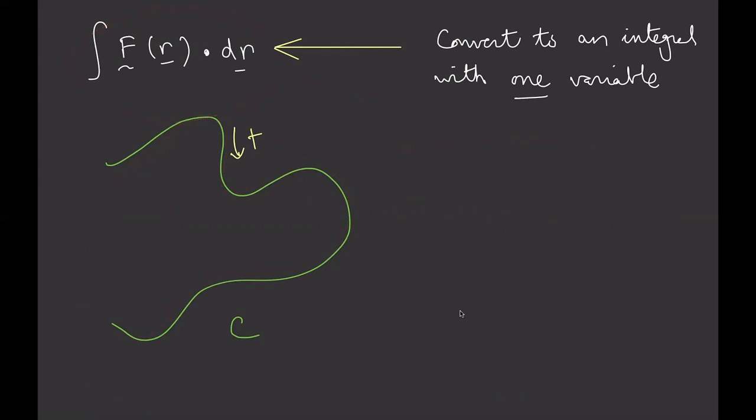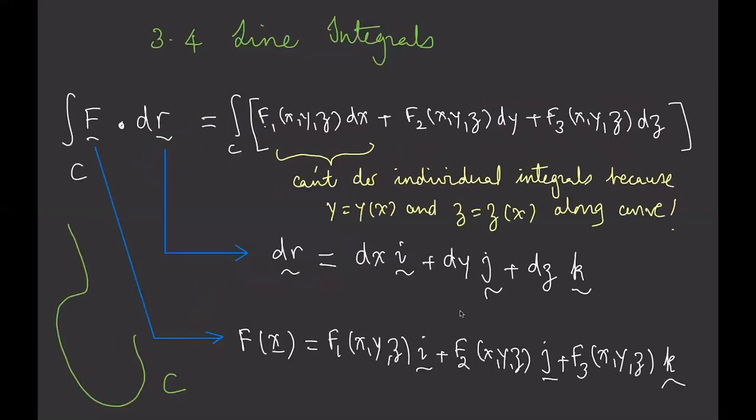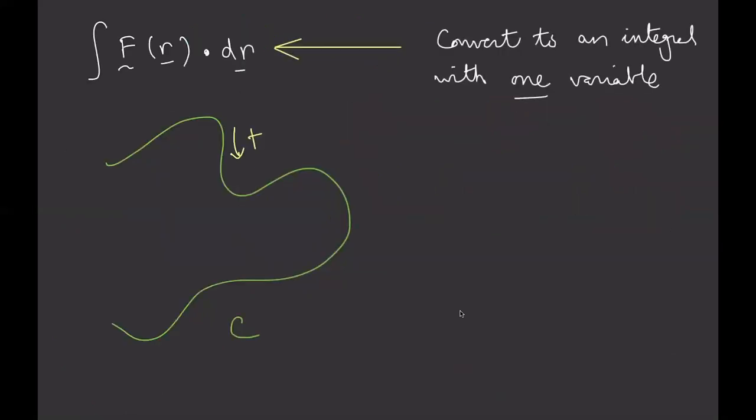So the idea here is that you want to try to convert this to an integral with just one variable, because if not, this is kind of complicated. There's x's and y's and z's, and then there's complicated dependence over here. It's not really easy for me to figure out what to do. I want to convert it into one variable, and the variable that I'm going to convert it to, let me call the variable t, because the point is I'm just moving along a curve, right?